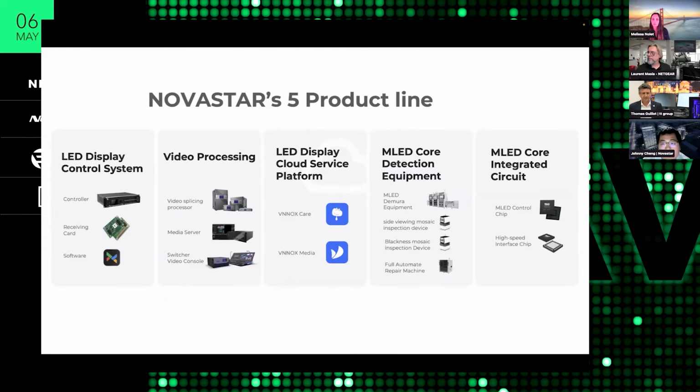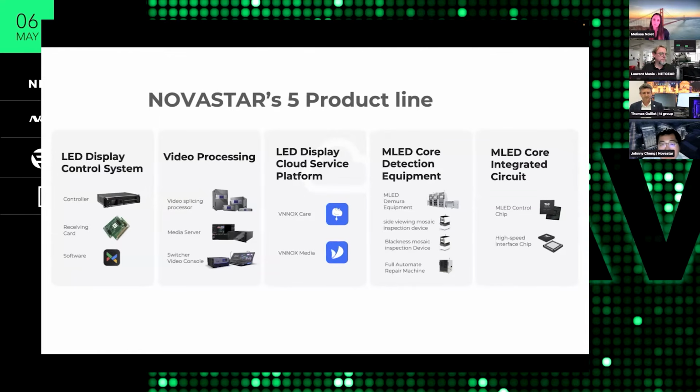Some of you may know our control series and the new generation system, working with our receiving card to provide a stable and colorful image for your LED screen. Second, we have the video processing units. We have our video splitter processors like the H series, and also our media servers, some switchers, and video consoles for rental business.